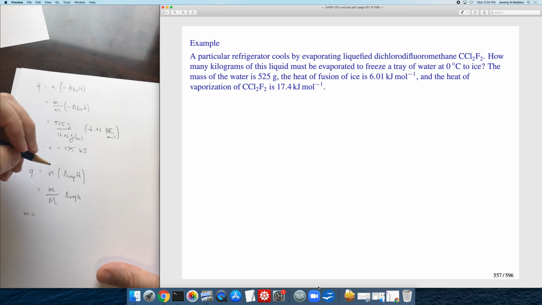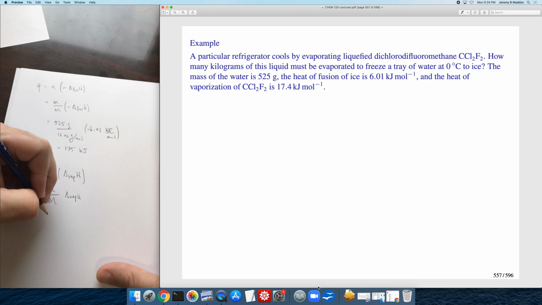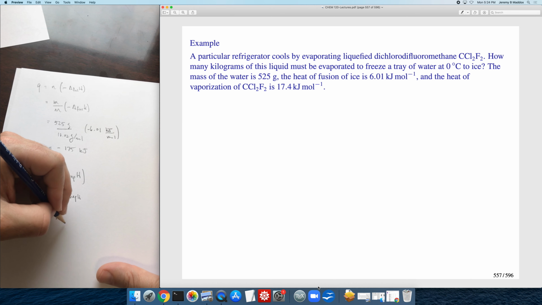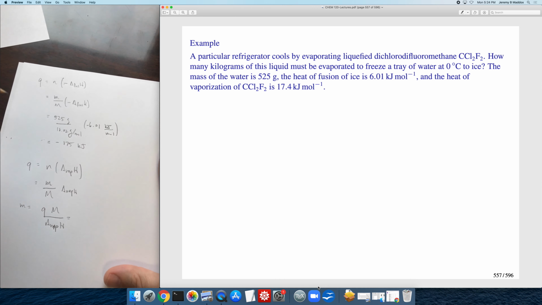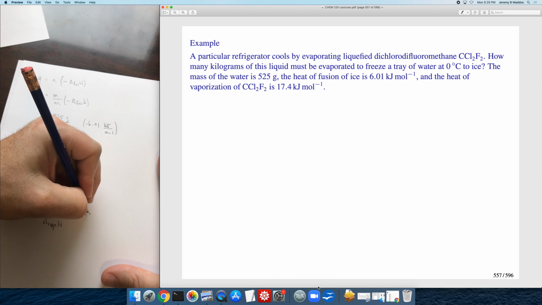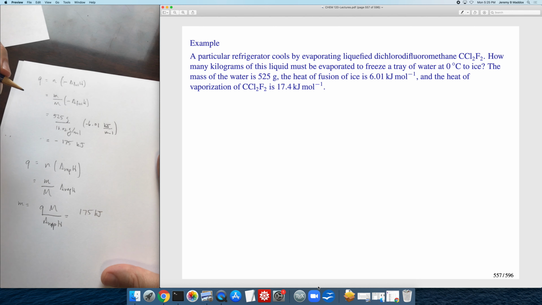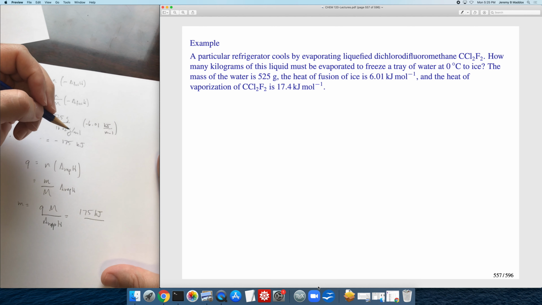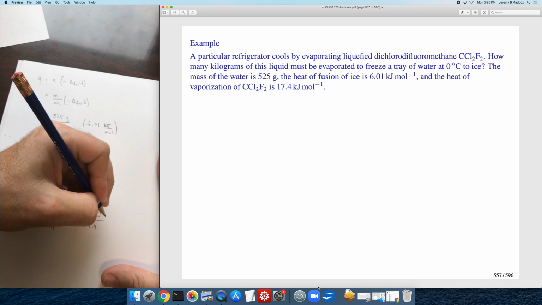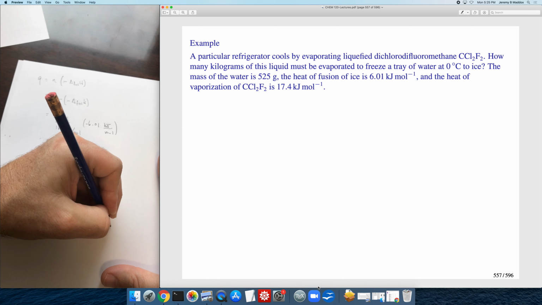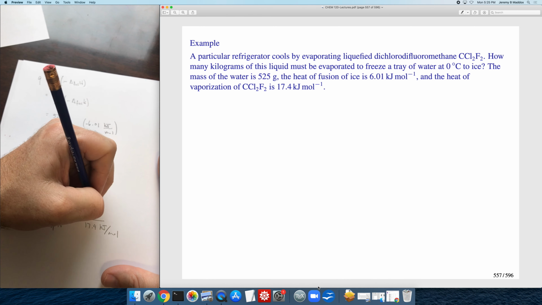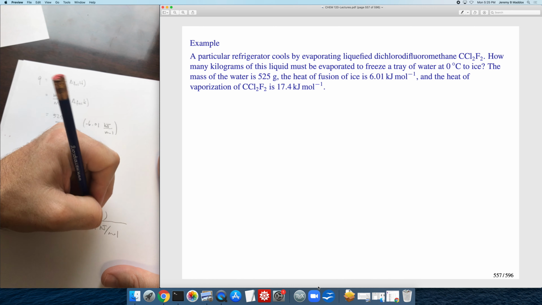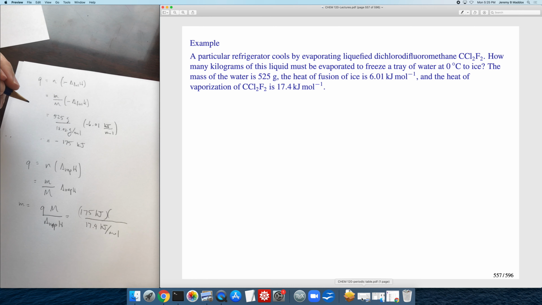It's going to be equal to Q times the molar mass divided by the enthalpy of vaporization. So we're going to take that to be 175 kilojoules, divide it by the 17.4 kilojoules per mole, and the last thing we need to do is multiply by the molar mass of the difluoromethane.